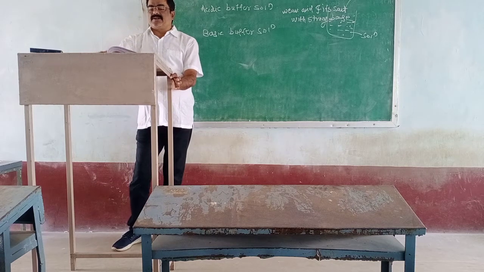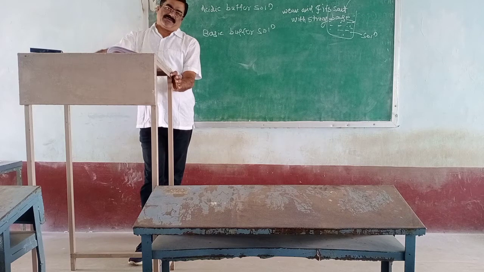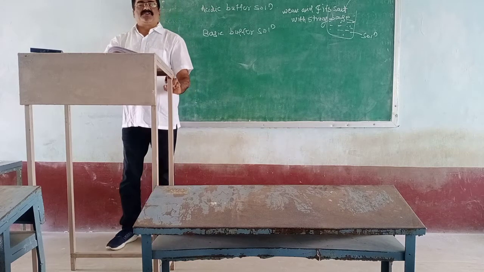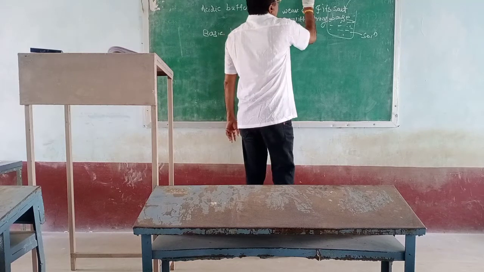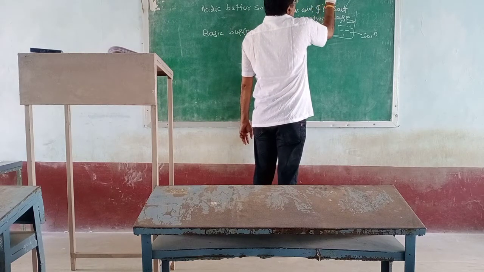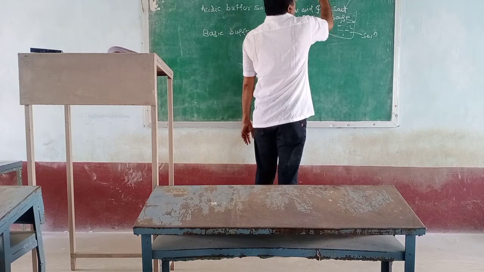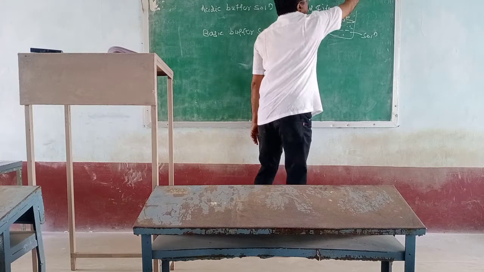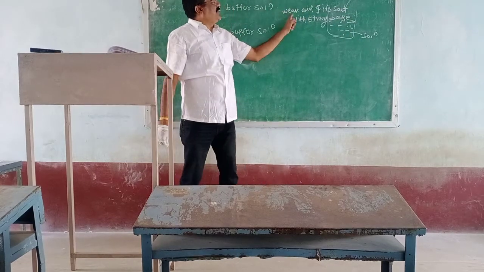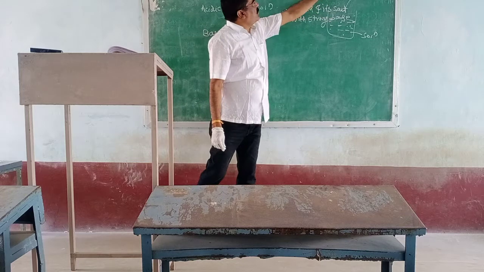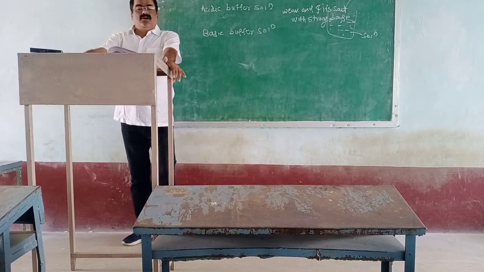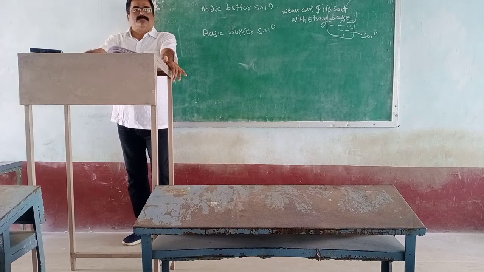For example, a solution containing a weak acid such as CH3COOH. As you know, acetic acid CH3COOH is a weak acid, and its salt is CH3COONa. The weak acid CH3COOH and its salt CH3COONa form an acidic buffer solution.